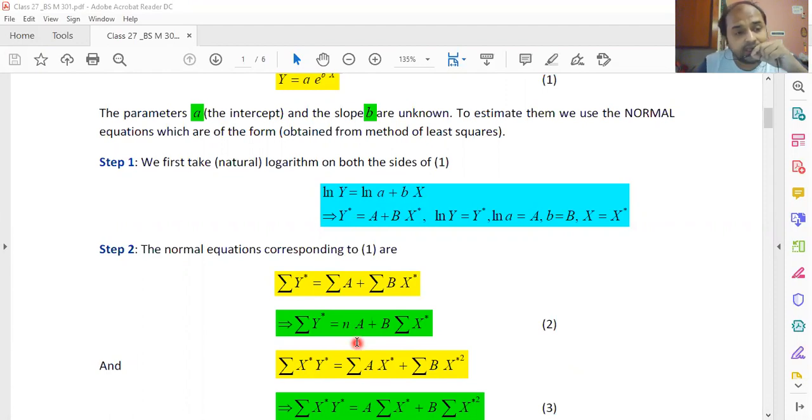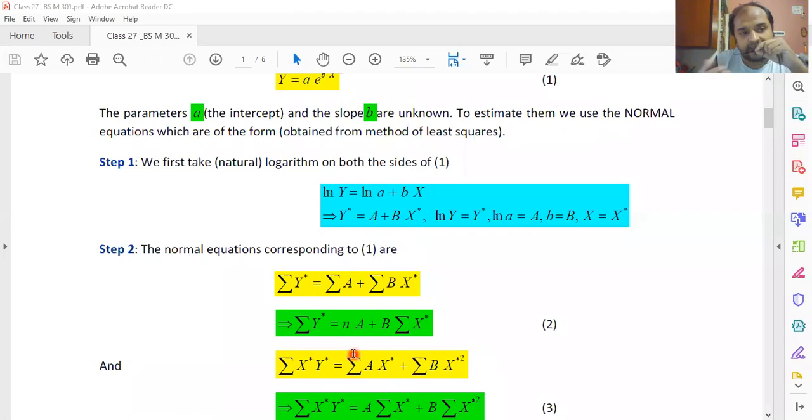After this, we need another normal equation, because we have two unknown parameters, capital A and capital B. So to do this, just like we did in the previous case, we shall multiply by x star. Previously we multiplied by capital X, now we are going to multiply by x star. Actually, what happens is that we multiply by the input variable.